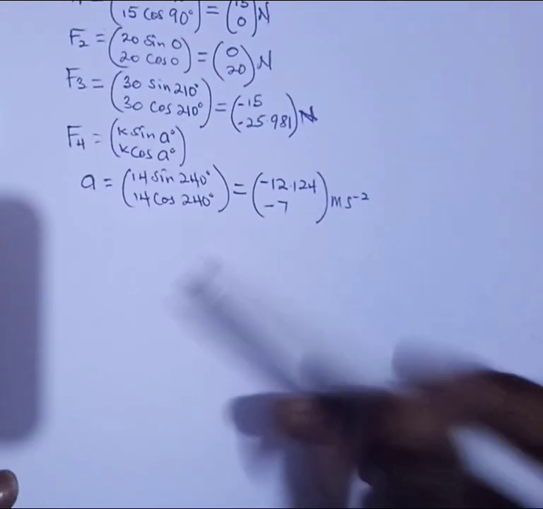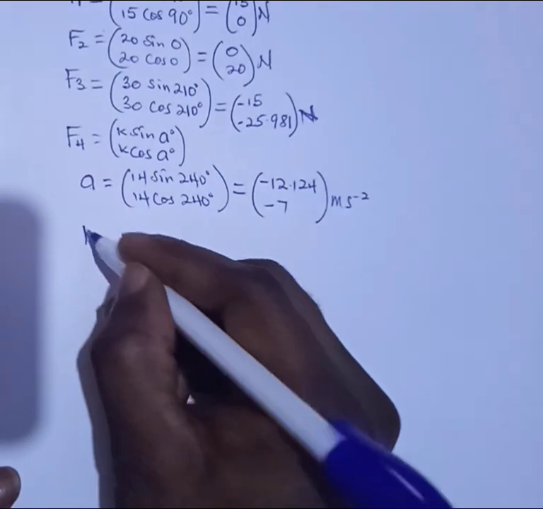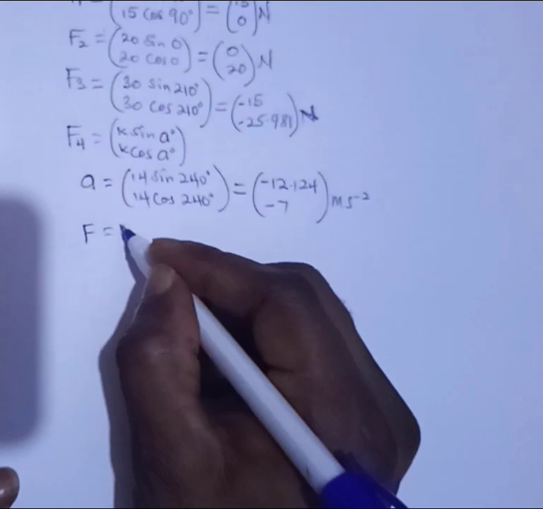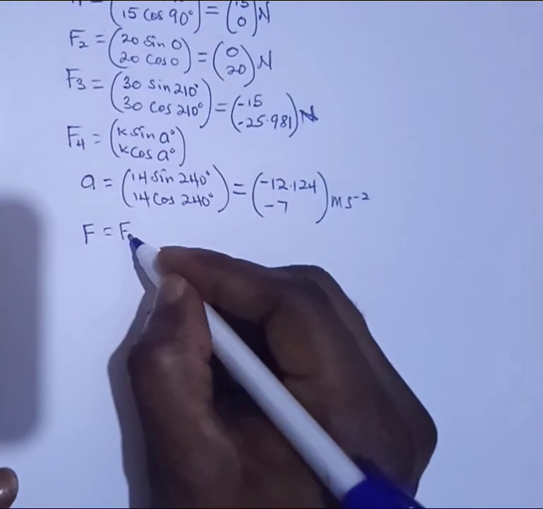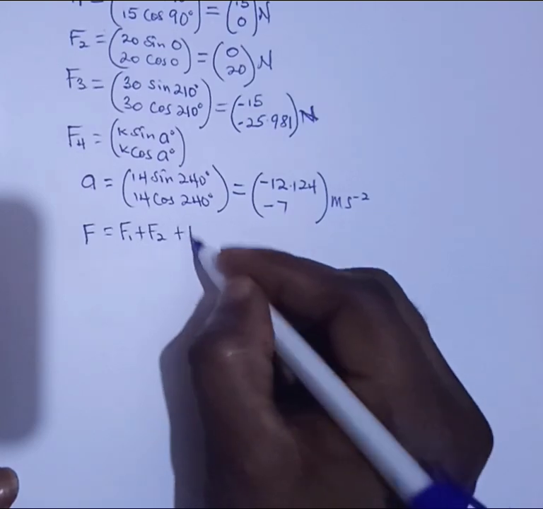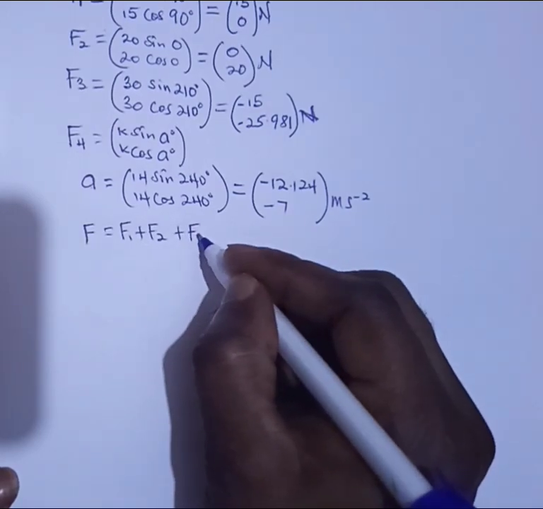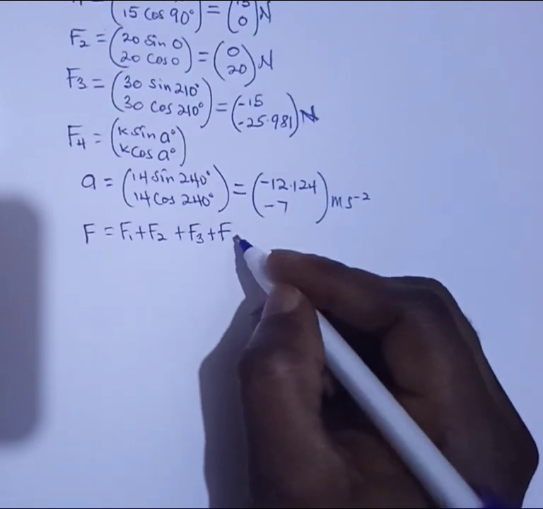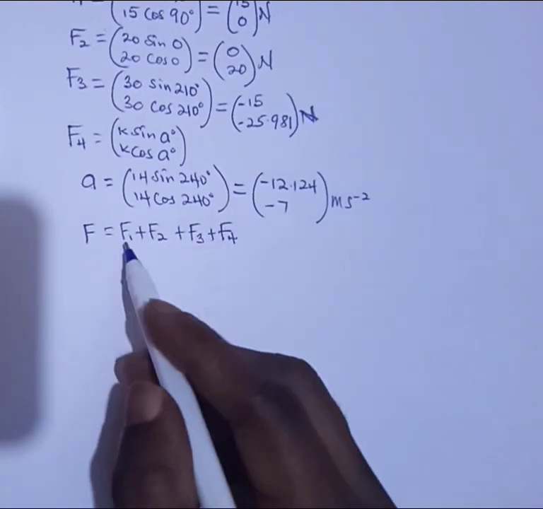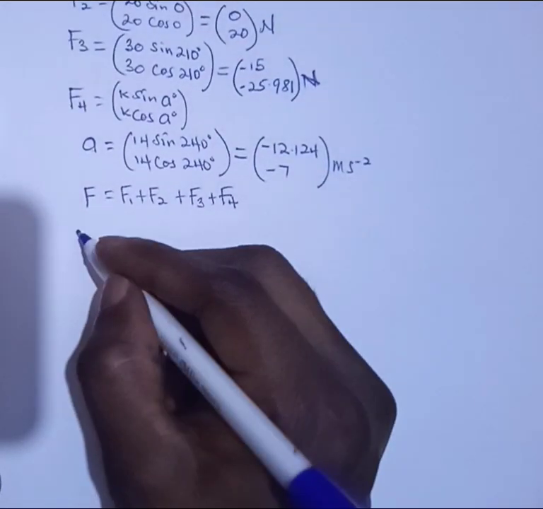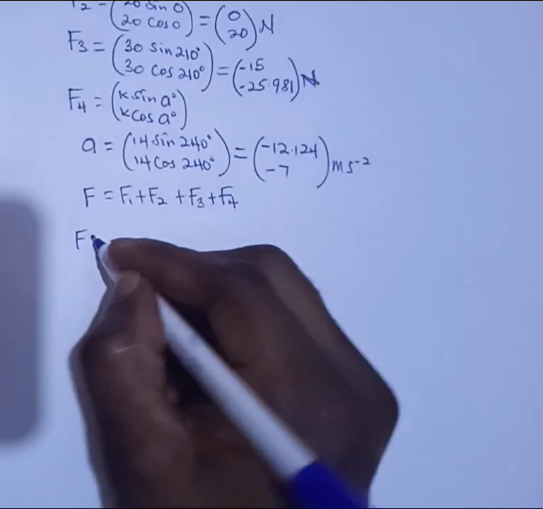So the resultant force is F1 plus F2 plus F3 plus F4. So we are going to add all this so that we get the resultant force.